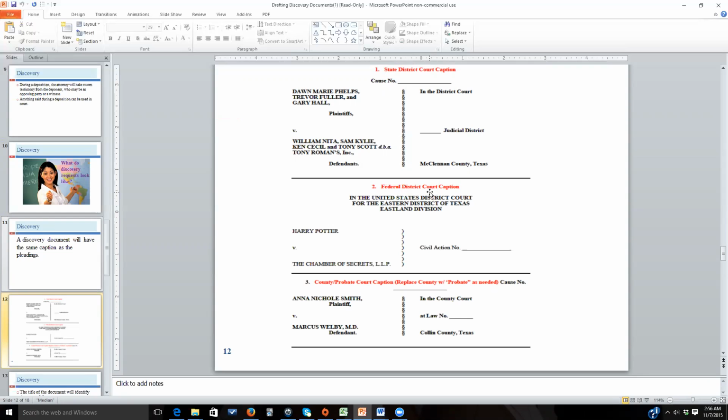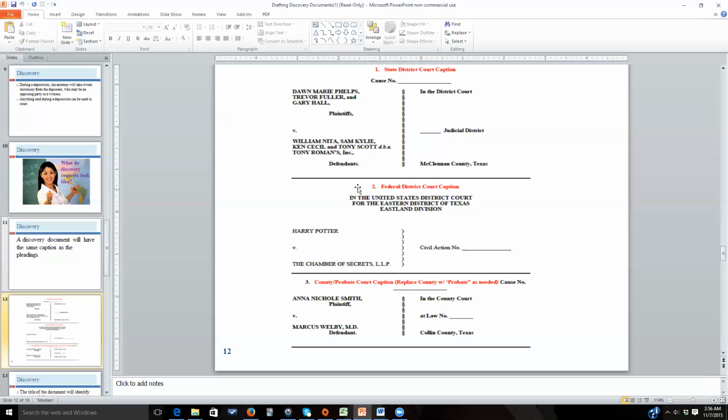The federal district court caption is also pretty similar. Instead of having the cause number here, though, you're going to have the cause number over here. Many times civil action number is going to be abbreviated. Again, you're going to actually type the number here. You're not going to have an underscoring. Over here in a state court is where you put the information about the court. In federal court, though, it goes on top.